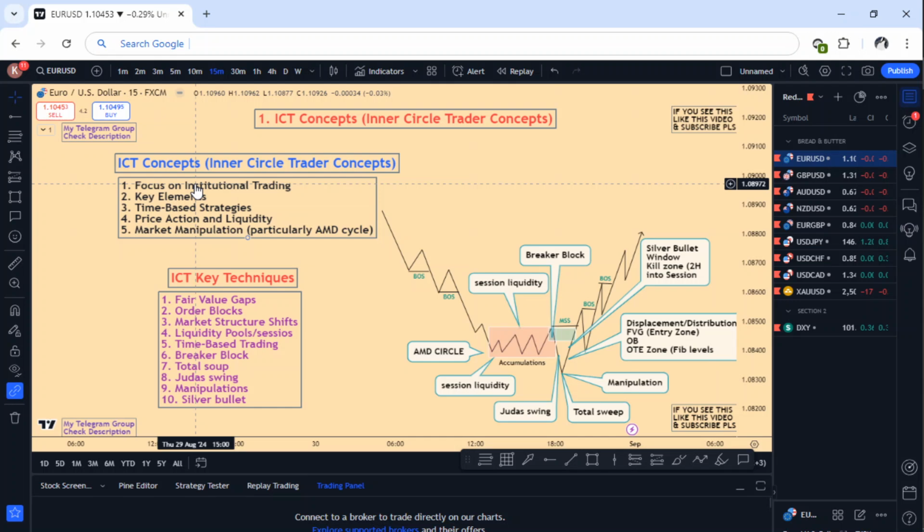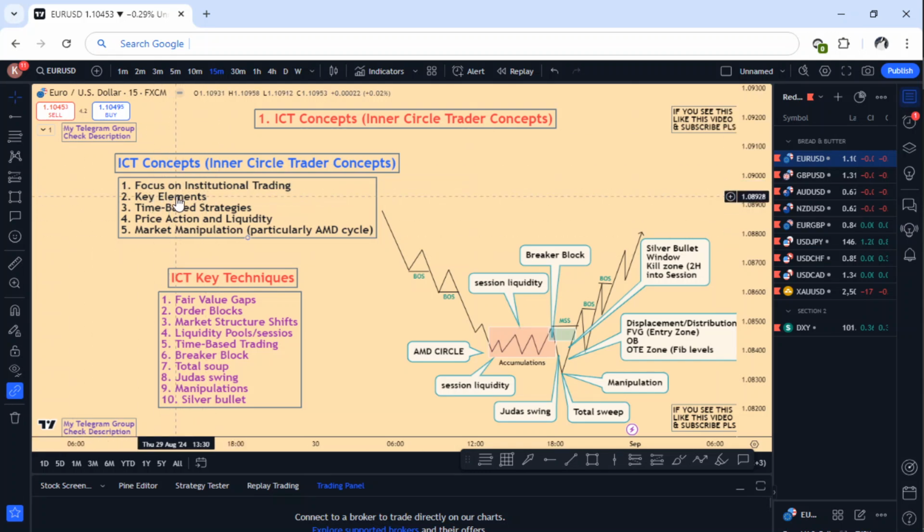So the ICT concept generally was designed by a guy called Michael J. Huddleston, who emphasizes understanding the actions and intention of institutional traders. Now the concept involves recognizing patterns that reflect institutional order flow and market manipulation.